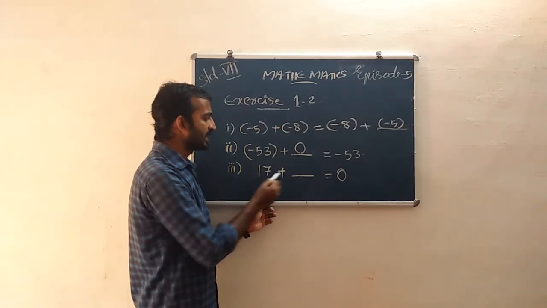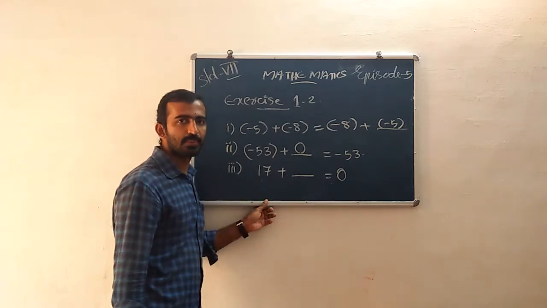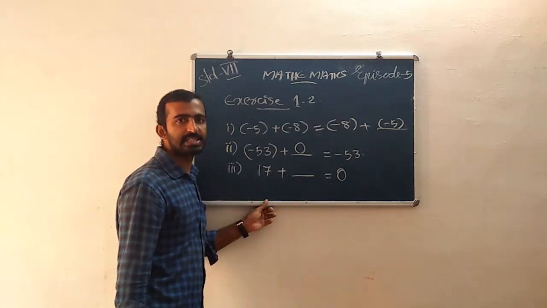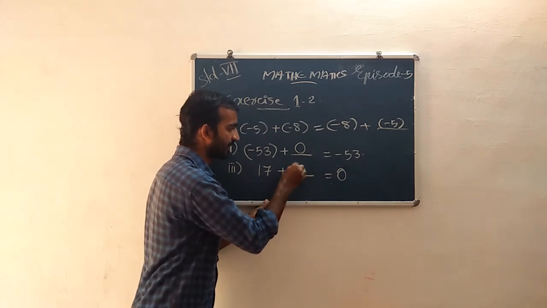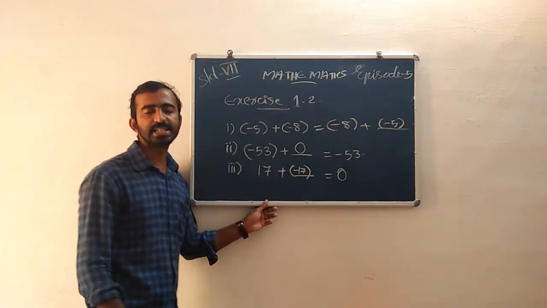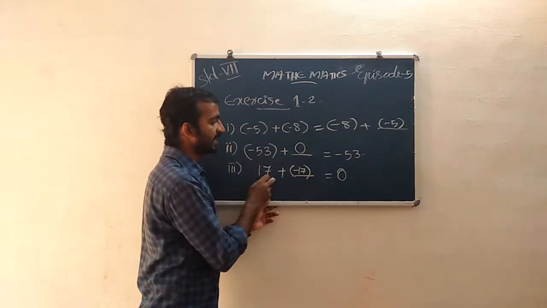Think: one integer is added to 17, then we get the answer 0. Then what is the answer? The answer is negative 17. When we write it like this, the statement is true.